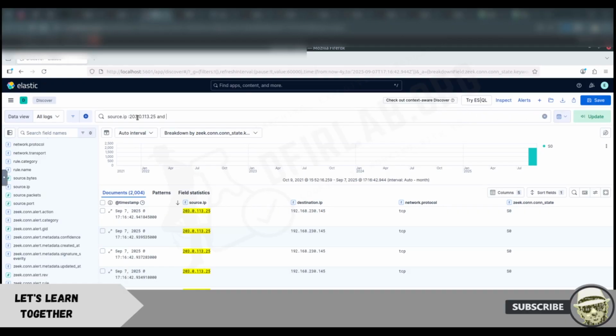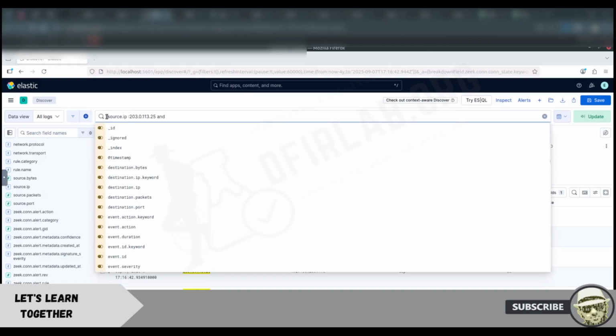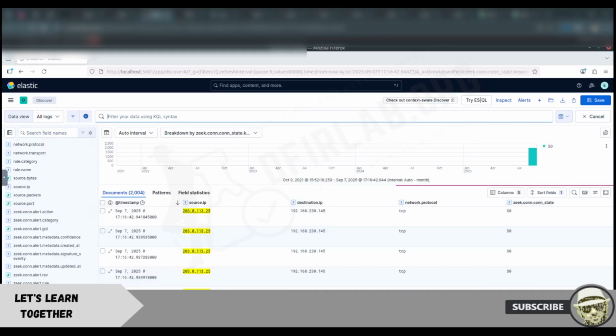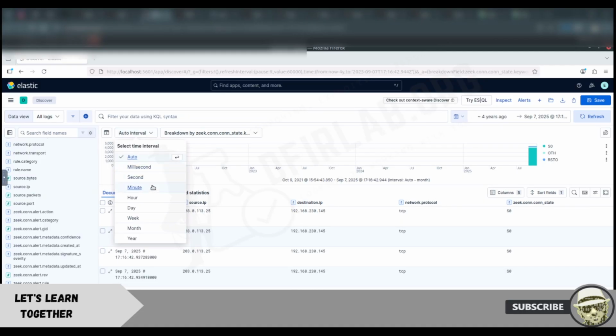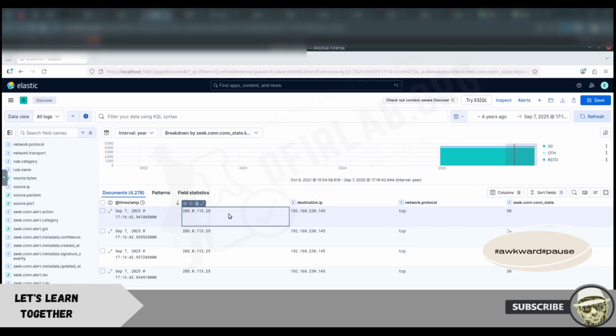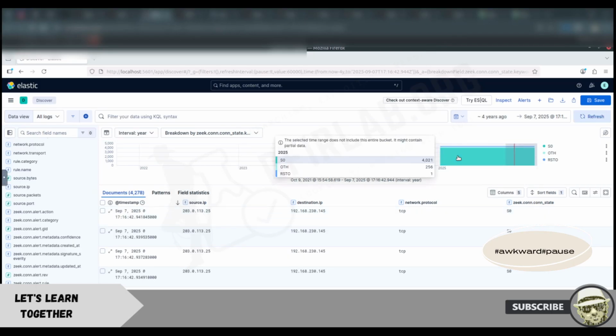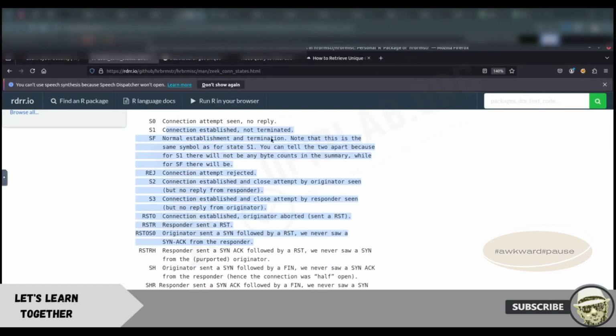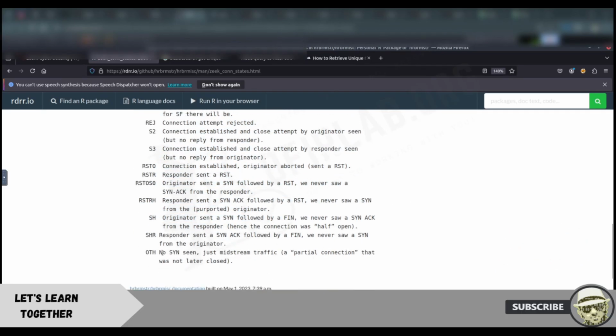Do we have UDP in here? Okay. So we got some. So we got this one, no, SAF, partition, connection.